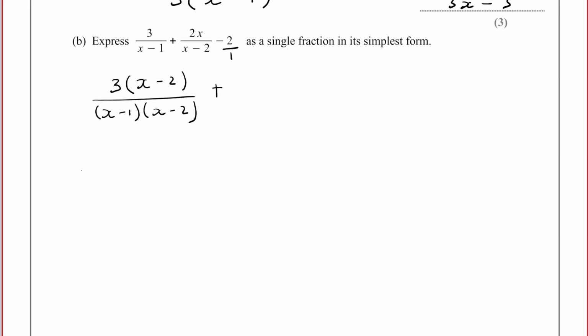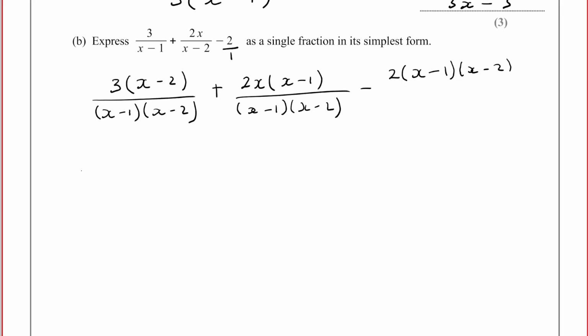For the second fraction, top and bottom times by x minus 1. So 2x times (x minus 1) over (x minus 1) times (x minus 2). And for the 2, we need to times top and bottom by (x minus 1) times (x minus 2). By x minus 1 and by x minus 2.